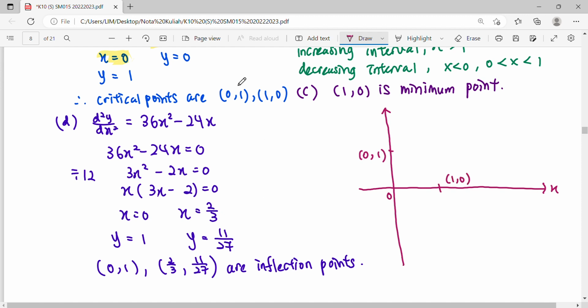So we notice that (0, 1) is inflection point, (1, 0) is minimum point, and then we still have another inflection point, 2 over 3, so in between here. (2/3, 11/27), so here.